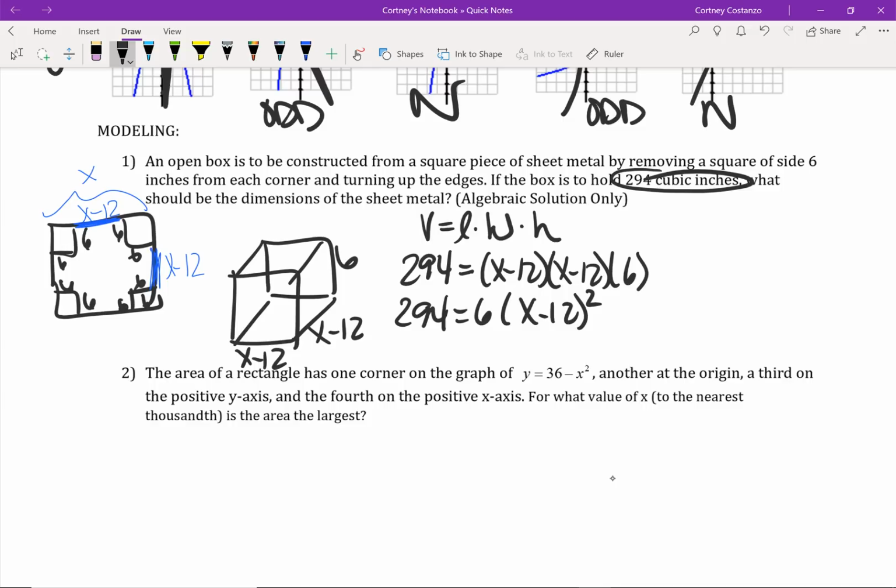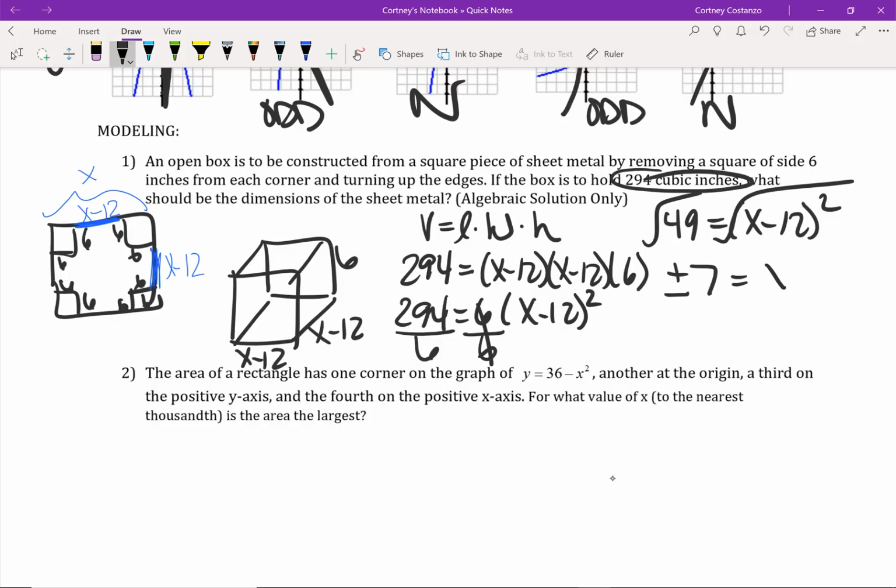So actually, this problem really isn't that complicated. You just divide both sides by 6. I get 49. I'm going to square root both sides. So I get plus or minus 7, which is important, because now it's going to set up two cases. One of my cases is positive 7 plus 12, so one of my answers is 19.